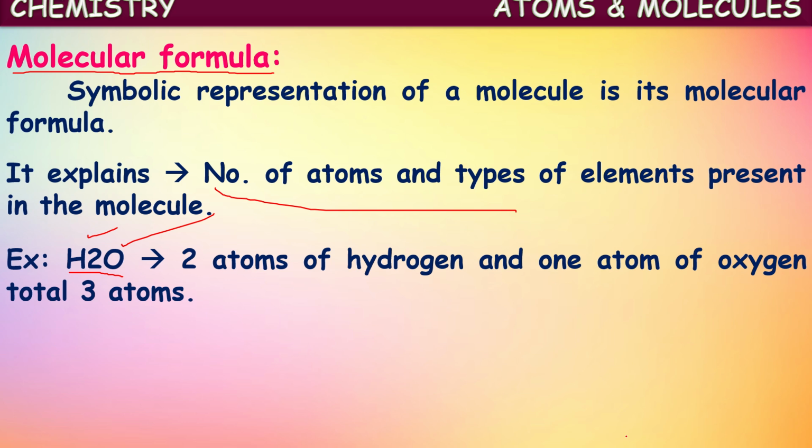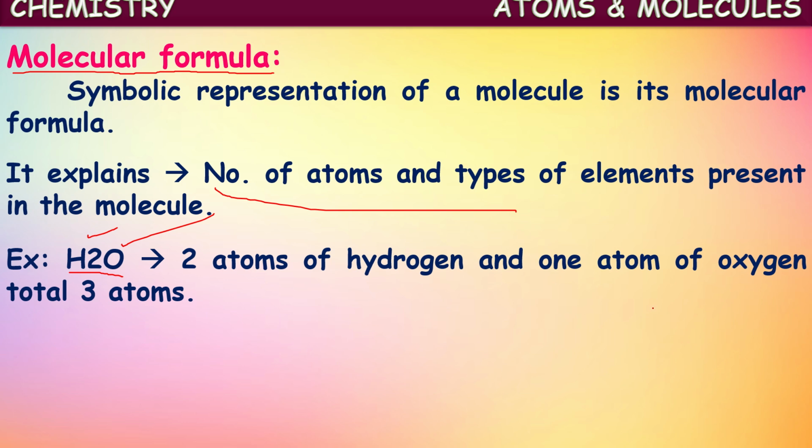In this molecular formula, the atoms of an element are represented by the symbol. What number of atoms of each element is present is denoted by the subscript number at the right bottom of the symbol of each element. Here two atoms of hydrogen are present within the water molecule, so hydrogen has subscript number 2.